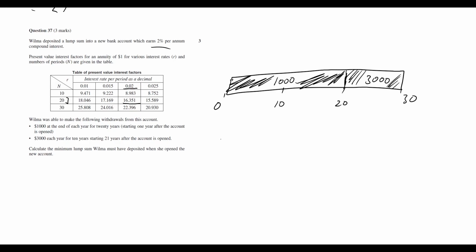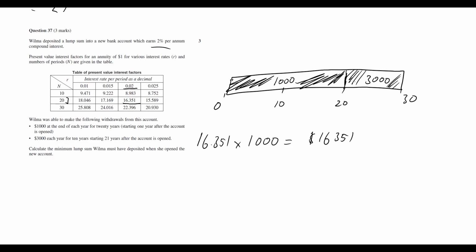So for the first 20 years, she must have deposited 16.351 times by how much did she make in each withdrawal? $1,000. And that's how much she has deposited in order to get the first 20 years' worth, which is simply $16,351.